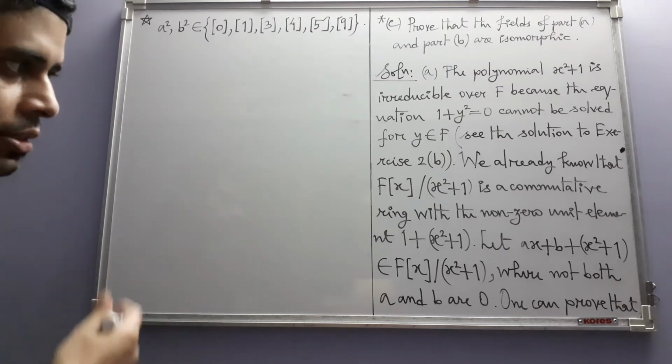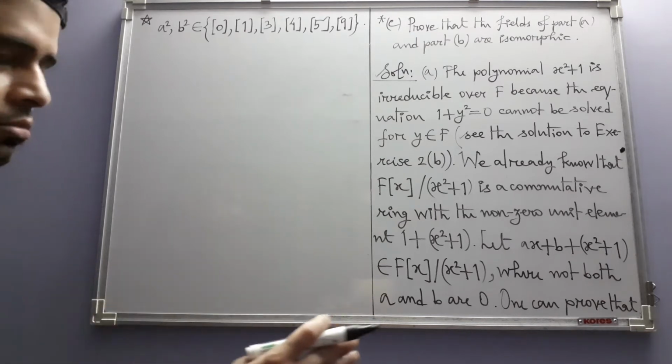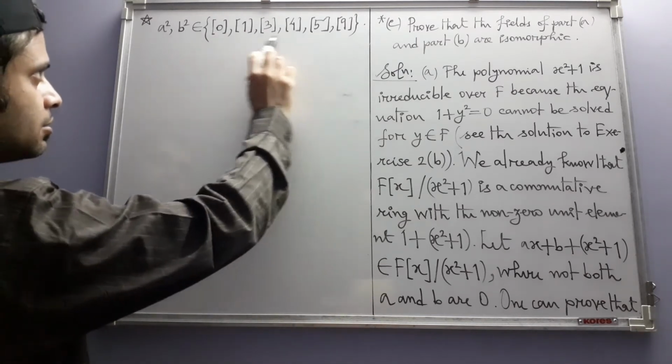You take the squares of all possible congruence classes and you express them in this reduced form.